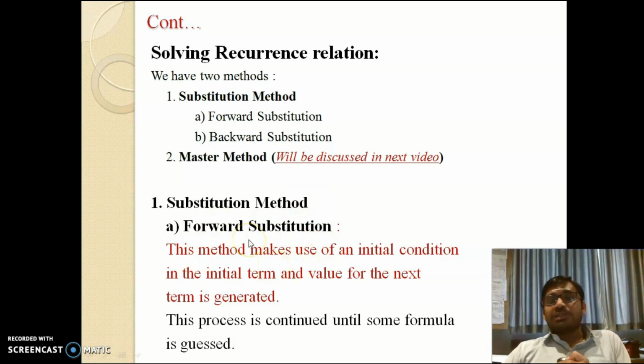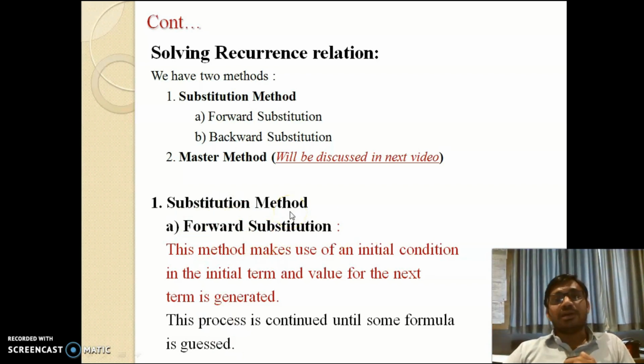As per this forward substitution method, this method makes use of an initial condition in the initial term and the value for the next term is generated, and so this method is known as the forward substitution method, because we are using the initial condition which is available in our initial term, and using this initial condition we can generate the next term. But how many times do we need to generate the next term? This process is continued until some formula is guessed. This method is known as the forward substitution method.